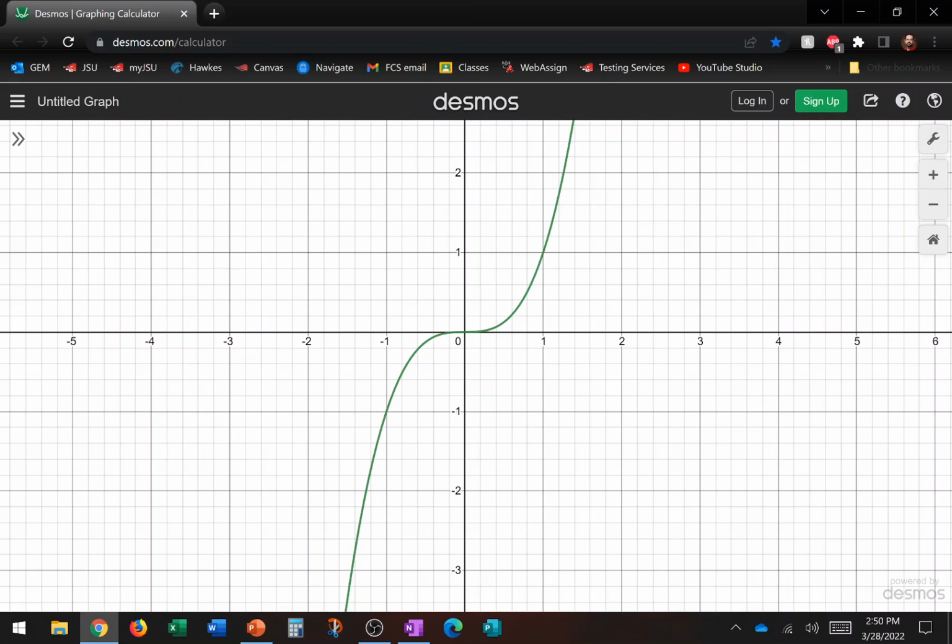That would be 0 at 0. But on the left side, well, no, it does change this one. I don't know what I was thinking. So yeah, never mind. It does change. Concave down on the left, concave up on the right. I'll find one if you want to see one.